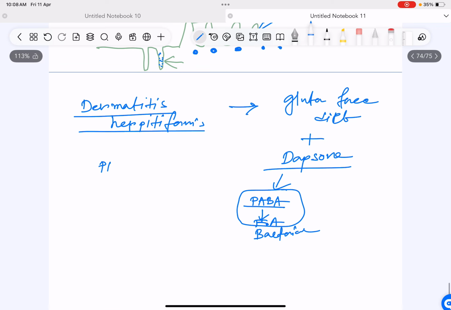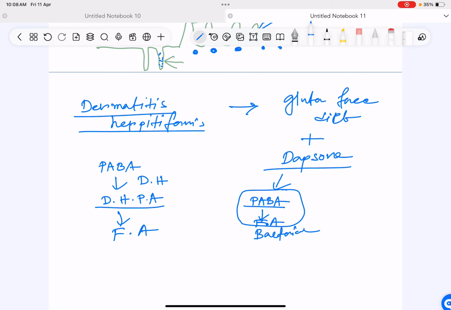So first the PABA becomes dihydropteroic acid, and then it becomes folic acid. Now this conversion of PABA into dihydropteroic acid is done by the enzyme dihydropteroate synthetase.